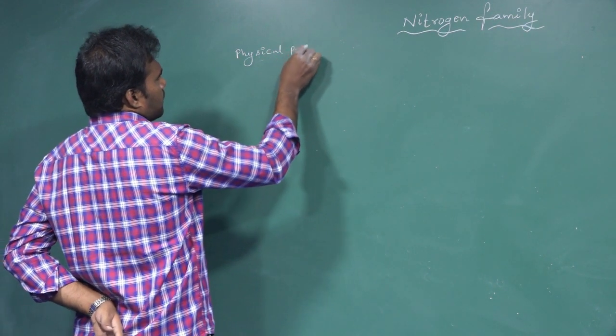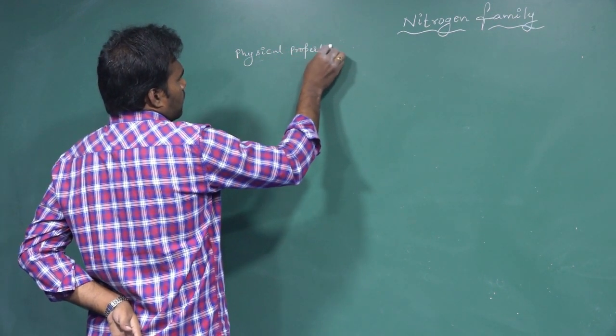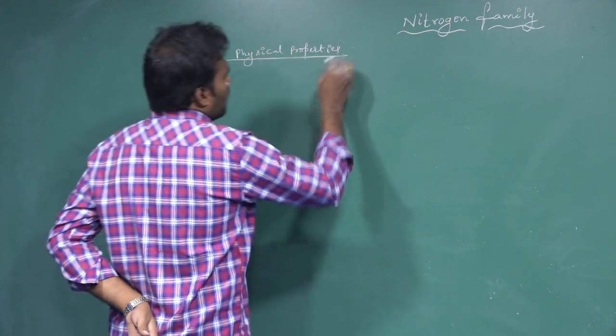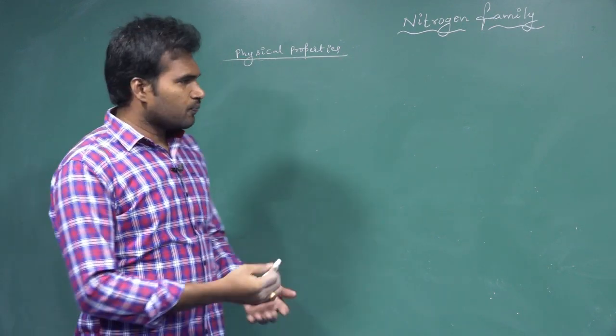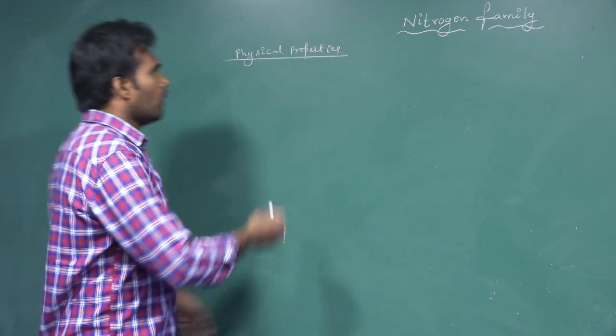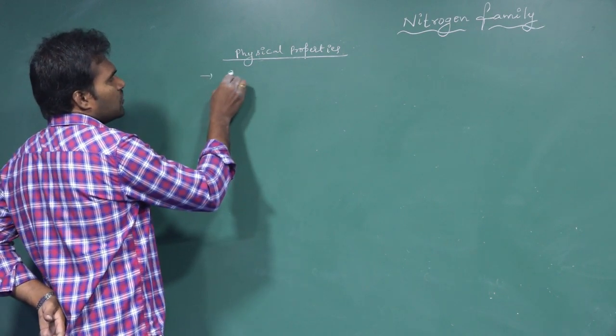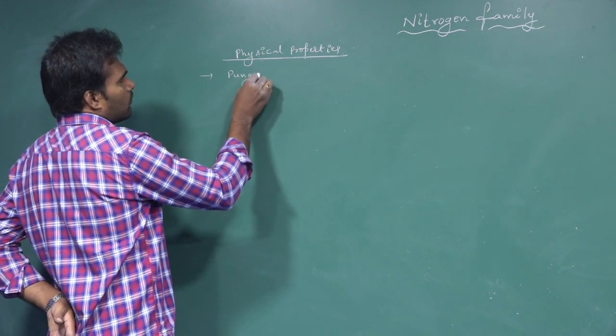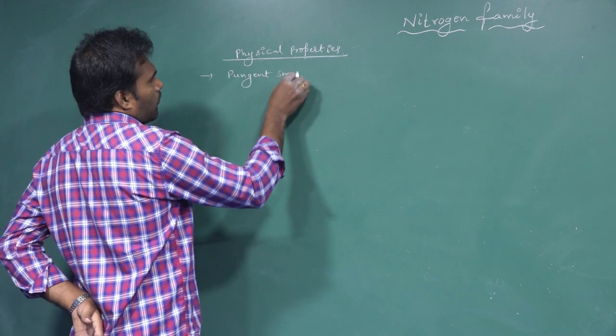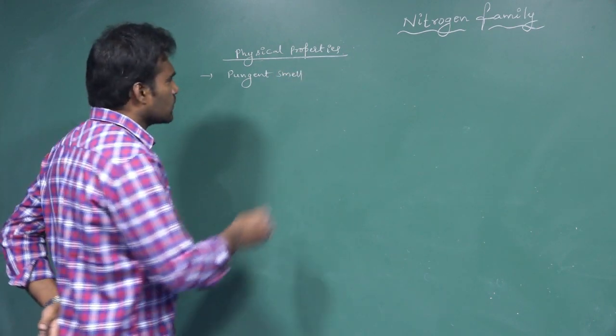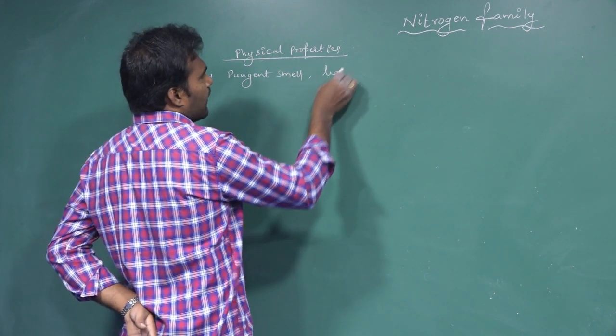Physical properties. If you see the physical properties, ammonia is a pungent smelling gas, and it is lighter than air.